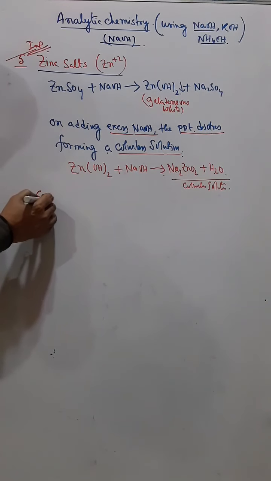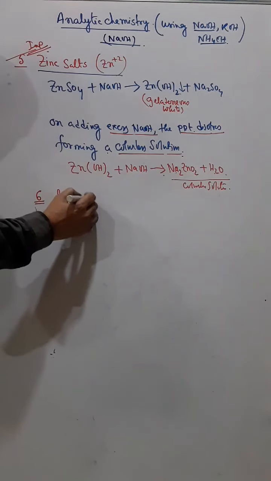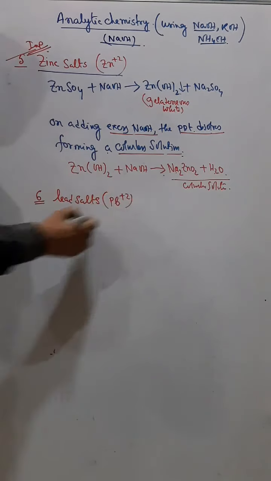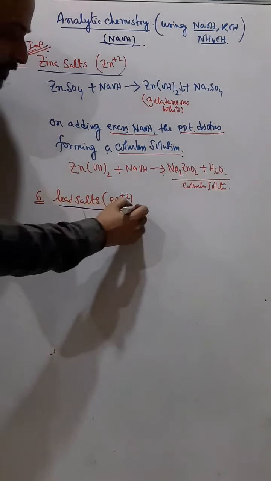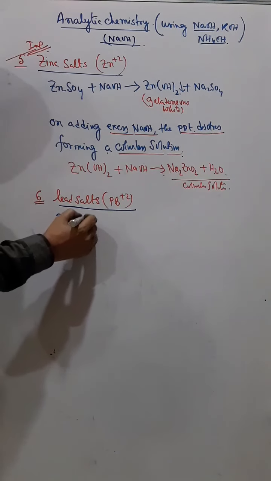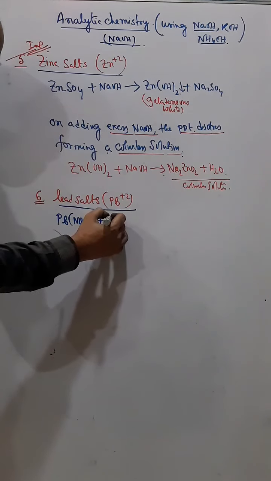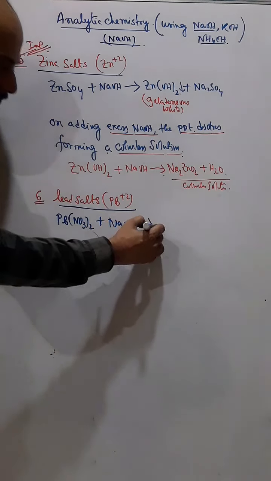And next is lead salt. So lead salts, that is Pb2+ ions. Now suppose if you take lead nitrate, Pb(NO3)2, plus NaOH.